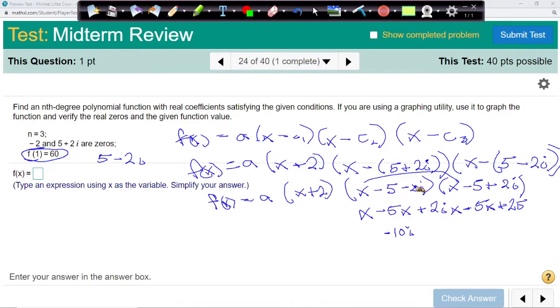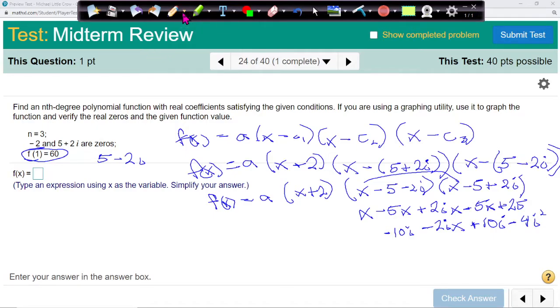So we've taken care of that. And then we multiply -2i times everything. -2i times x gives us a -2ix. And this is the beauty of conjugates, the i's, when you multiply them, are going to cancel out. A -2i times -5 gives us a positive 10i. And then a -2i times a positive 2i is -4i squared. However, i squared is -1, so we're going to get a plus 4 there.